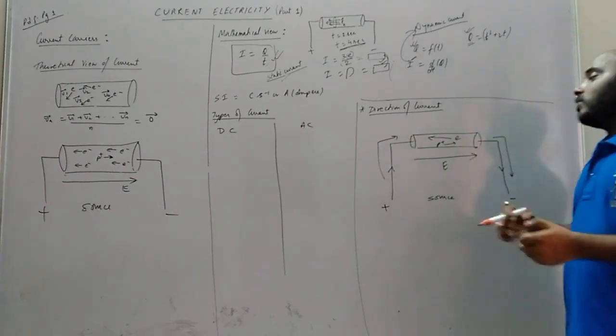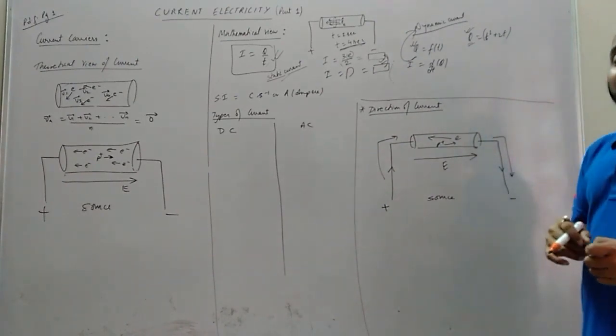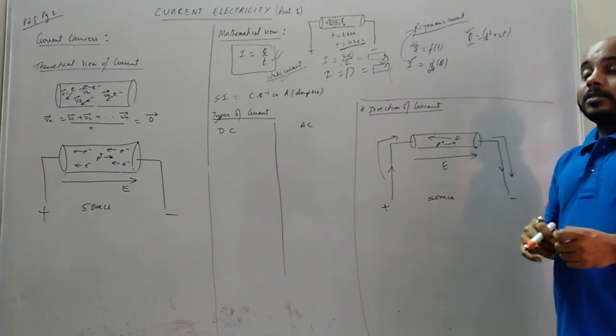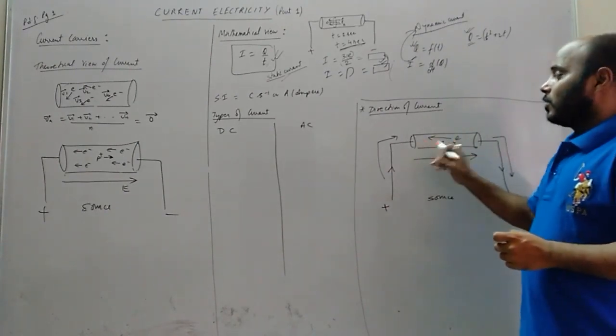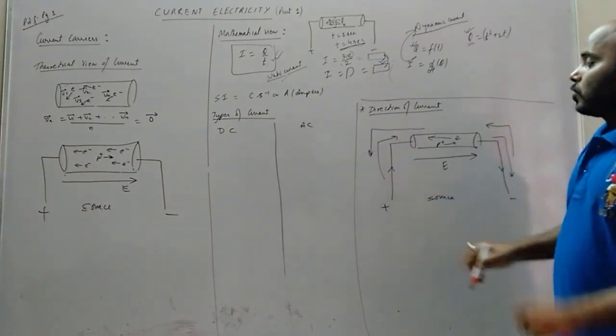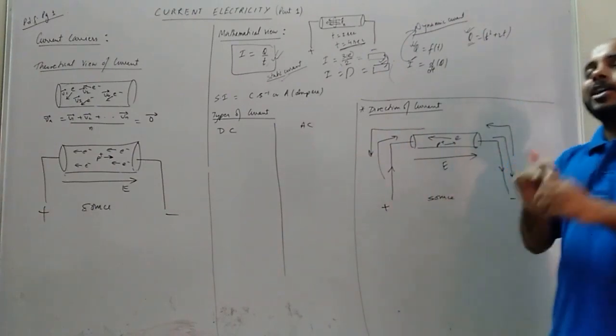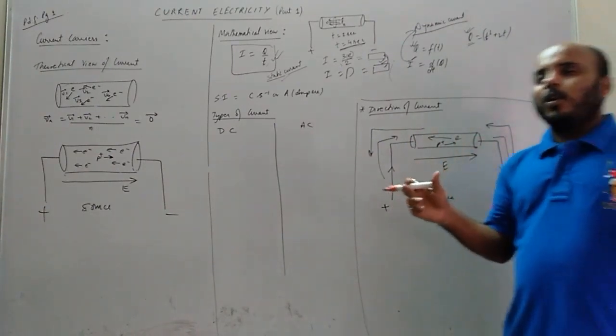The next is called electronic current. Now what is electronic current? The current which flows due to electrons. Now see, electrons are going in this direction, so this is the electronic current direction. Electronic current direction we hardly show in any conceptual question, or it doesn't have any use.